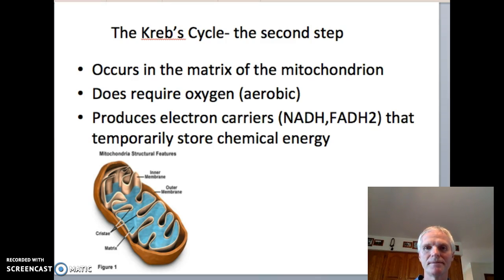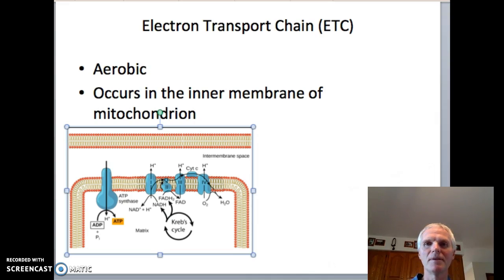The last step to breaking down glucose, or the third step, is called electron transport chain, or ETC for short. It is also aerobic, just like the Krebs cycle, and it occurs in the inner membrane of the mitochondrion. As you can see from the diagram, you have the matrix, which is where the Krebs cycle occurs, and the ETC is occurring right in that membrane.